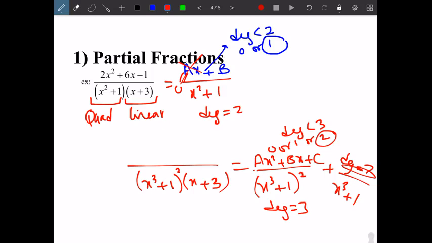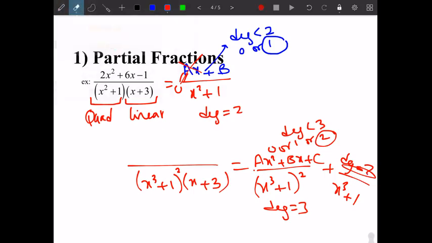Okay, and if we have a factor with an exponent greater than 1, then for the partial fractions, we consider all the partial fractions with the denominators including all the exponents all the way down to 1. Similarly to what we did in the previous example.